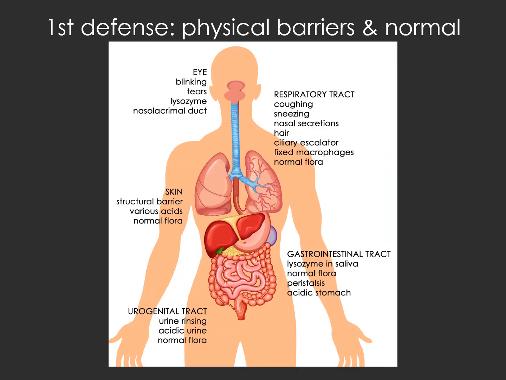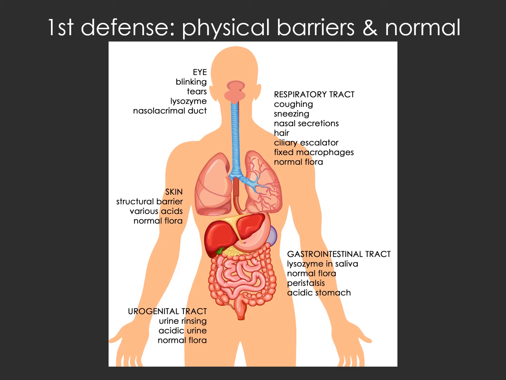As I mentioned previously, your first and best defense is your physical barriers and your normal flora. So we have here a diagram of the body. And obviously the internal organs are shown on the outside. But if we go clockwise around that, we can start up in the upper right-hand side and we see the respiratory tract.